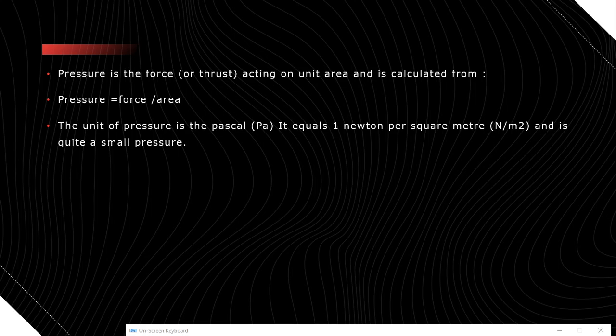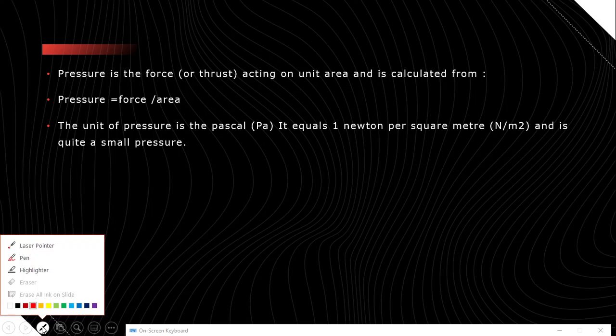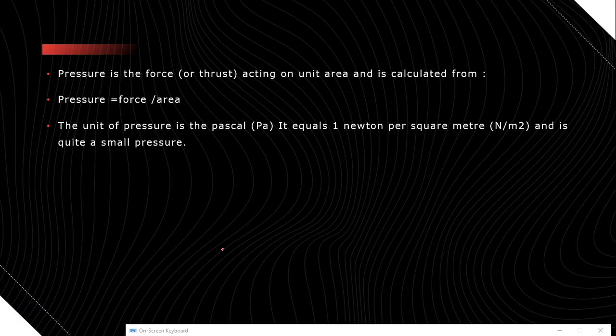And if we simplify that further to the base units, then we can put it in the form of kilogram, meters, and seconds. We can do that over here. So Newton is basically mass times acceleration.